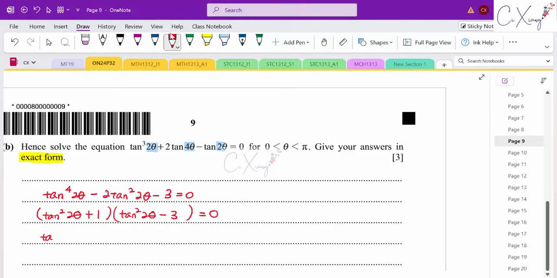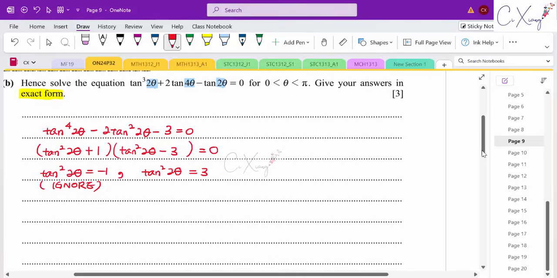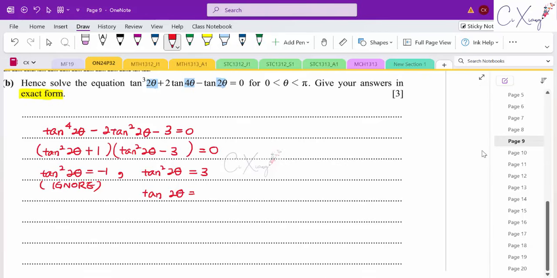So I'm having tangent square 2 theta equals to -1, then tangent square 2 theta equals to 3. Then this one I cannot take square root of a negative, right? So I'll ignore it. There's no solution from this part. And for this one, I will be having tangent 2 theta equals to plus minus square root 3.